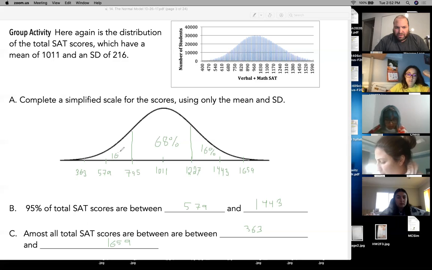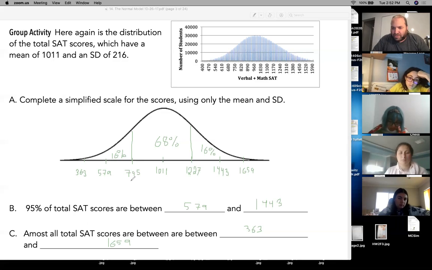Which means if I score in the 84th percentile, that means 84% of my data is going to be beneath me. What location on my graph has 84% of the data beneath me? What point exactly?